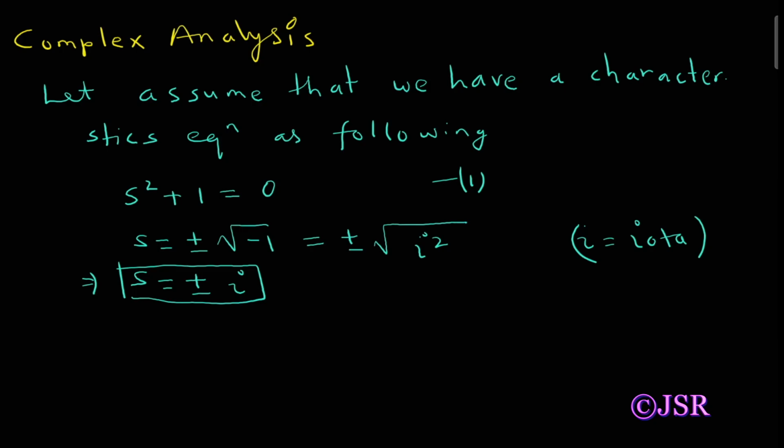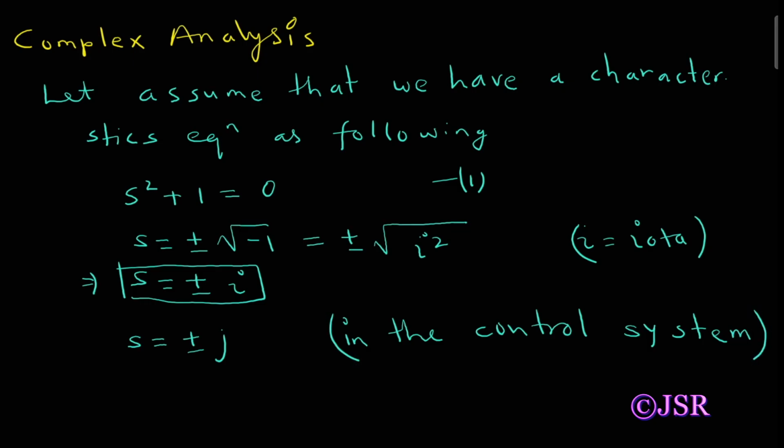Since in control systems we generally use I for the current, that's why in place of I we generally use J in the control system, to avoid the confusion between the current and the imaginary number.